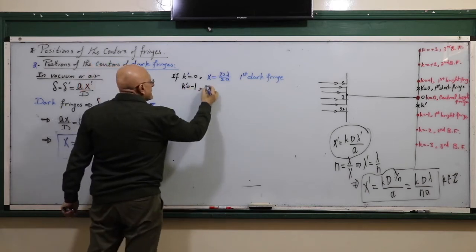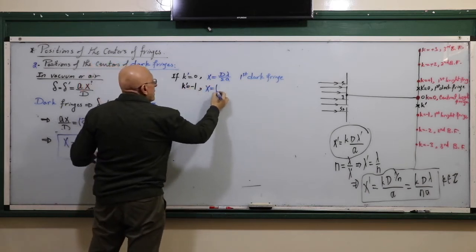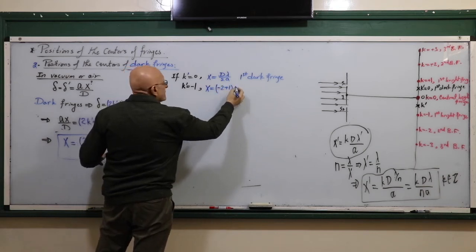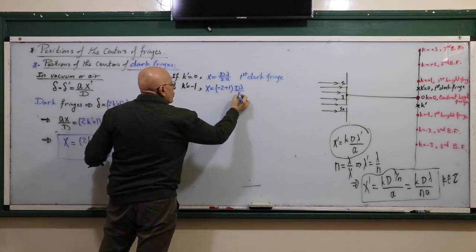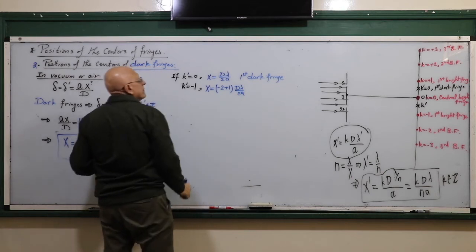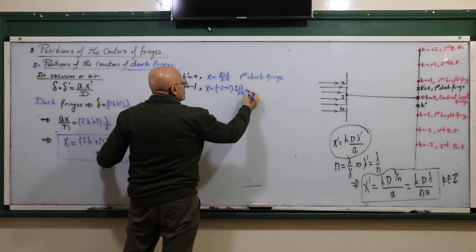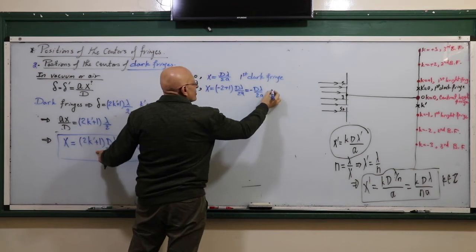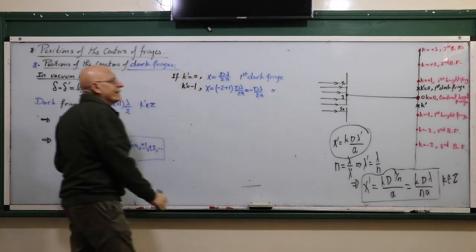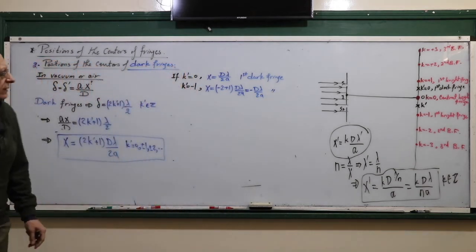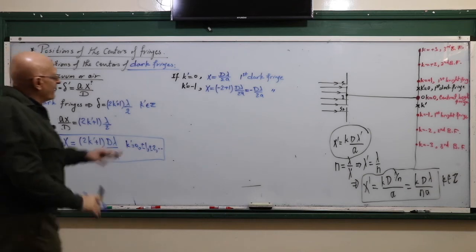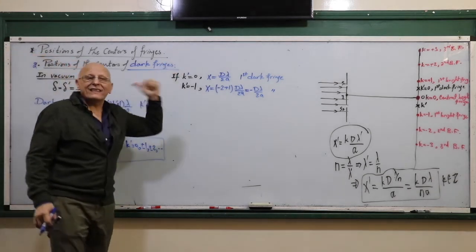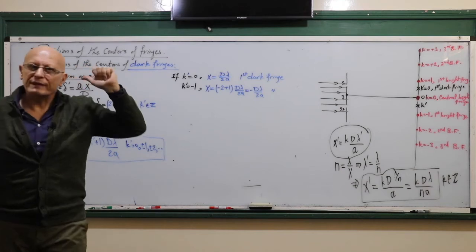You get X equals (minus 2 plus 1) d lambda over 2A, which gives you minus d lambda over 2A. So also here, this is the symmetric dark fringe, but the orders here are different, not like that of the bright fringes.